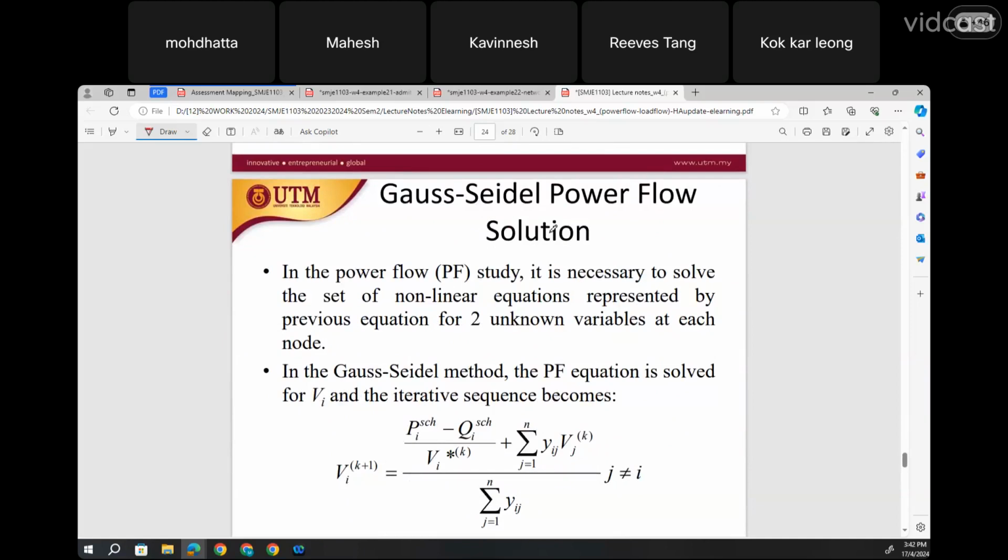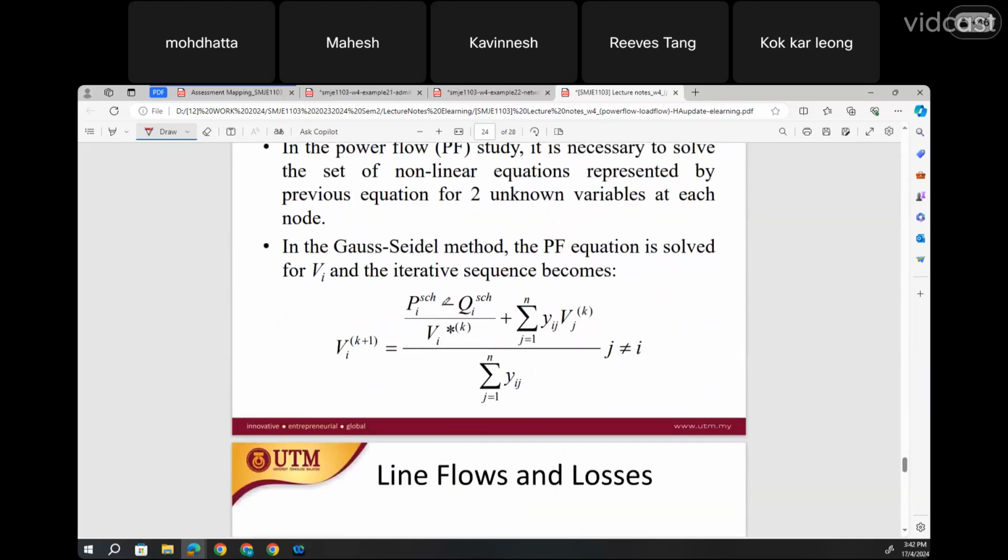But what I'm trying to highlight here is that after those derivations, coming from the basic S equals V I conjugate, you will end up with this equation to calculate the voltage to be used for the iteration.